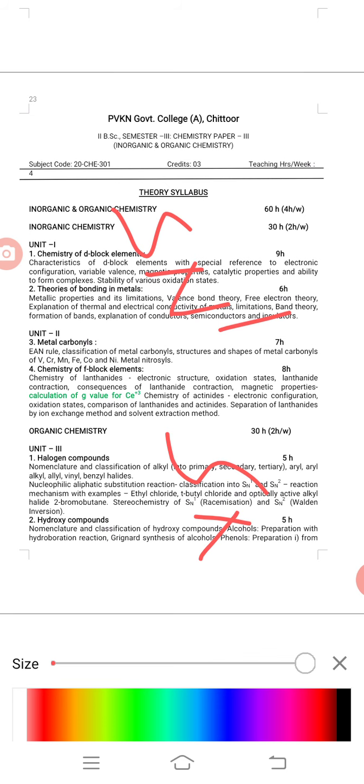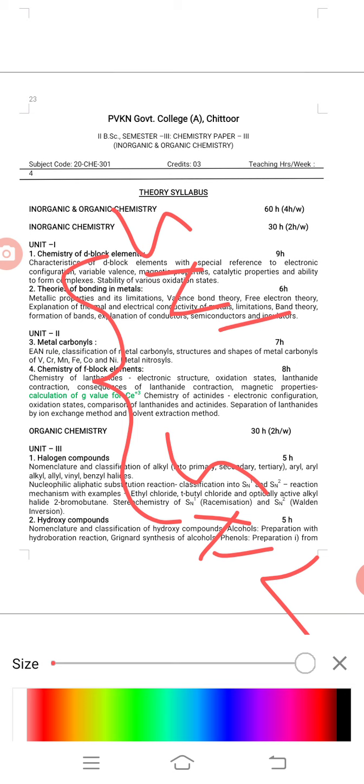SN2 is Walden inversion. But we need to know that after starting the halogen compounds class. Here we don't need the explanation of SN1 and SN2 because it is a very huge topic, so later we will discuss it.